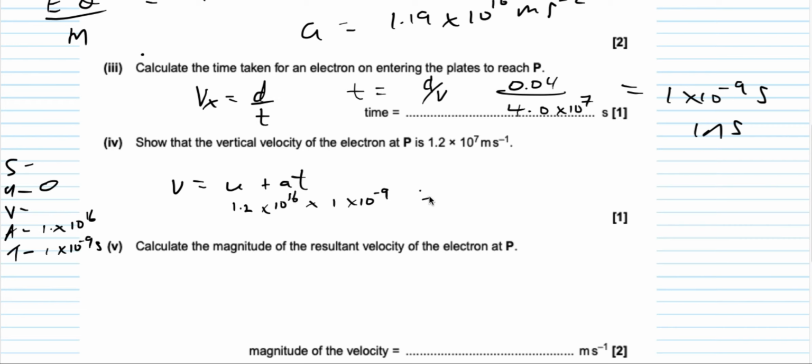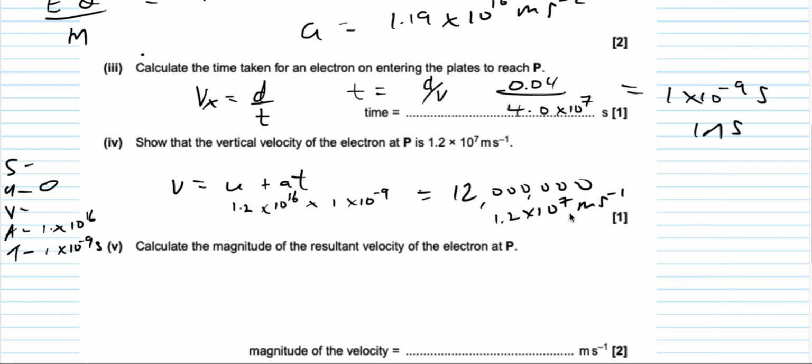If we multiply that up together, we will end up getting 12 million, which we can rewrite as 1.2 times 10 to the power of 7 meters per second.